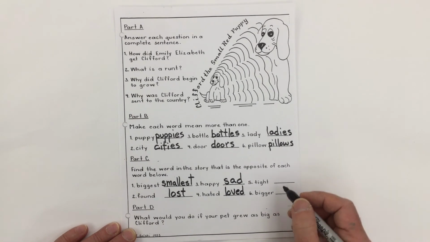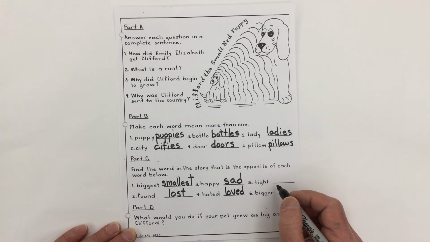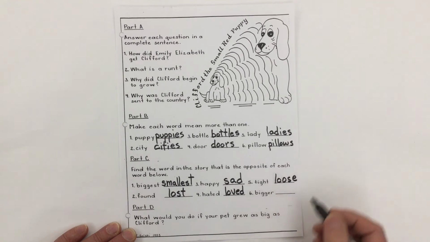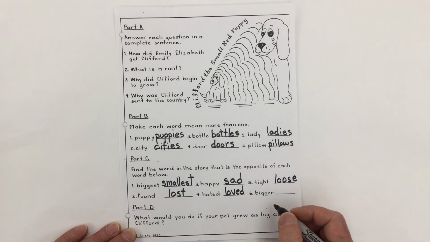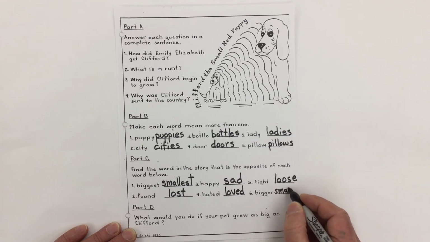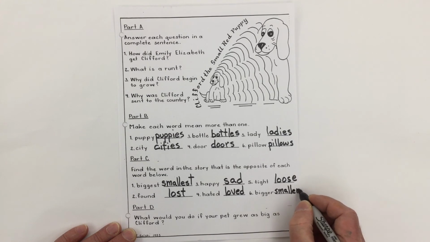Number 5, opposite of tight. That'll be loose, loose. Number 6, opposite of bigger. Opposite of bigger is smaller, smaller.